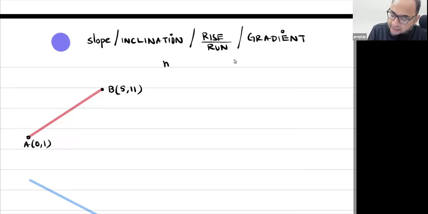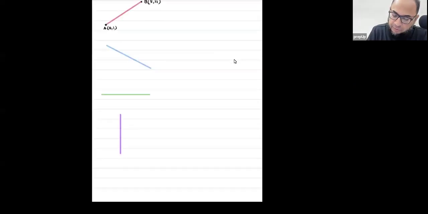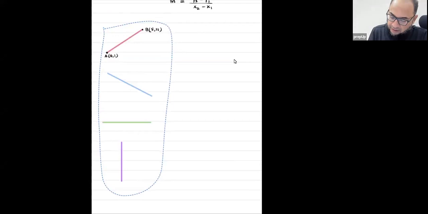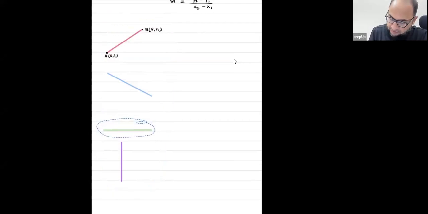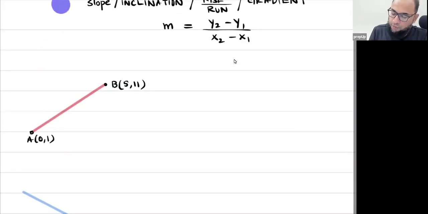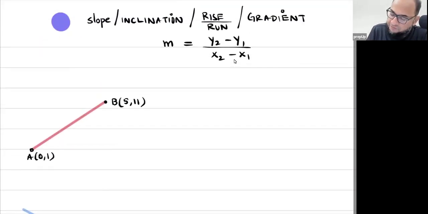So gradient is defined as change in y over change in x. y2 minus y1 over x2 minus x1. Let me just shift it a bit down. So this thing is change in y.